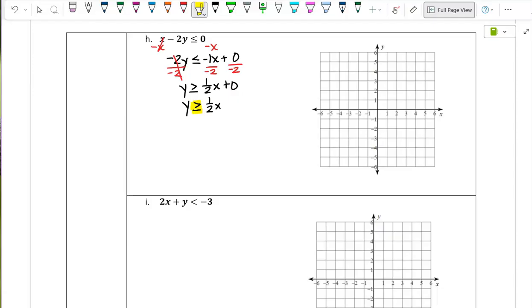Now we have greater than or equal to, which means that this is going to be a solid line. My slope here is 1/2. And because there's no plus or minus number here, my y-intercept is going to be 0.